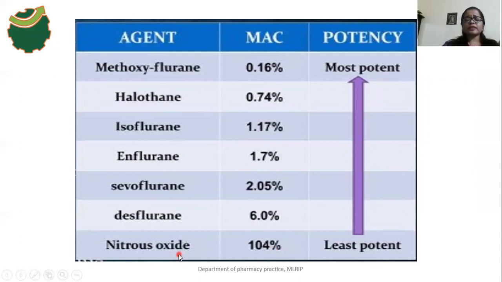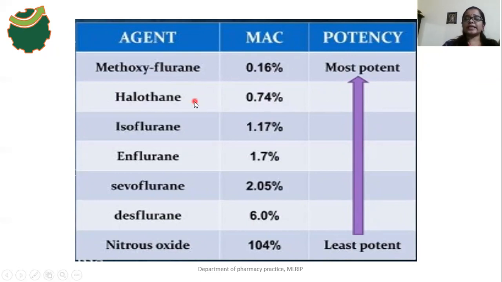Nitrous oxide requires a higher concentration to induce anesthesia, so it is less potent. Halothane and methoxyflurane induce anesthesia even at low concentrations, so they are more potent drugs.